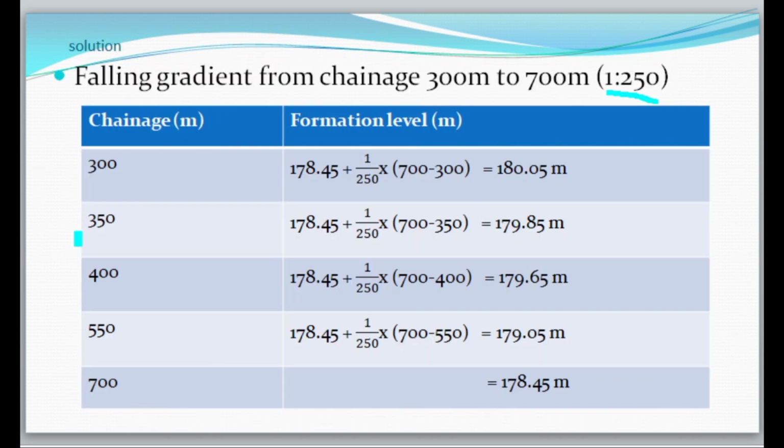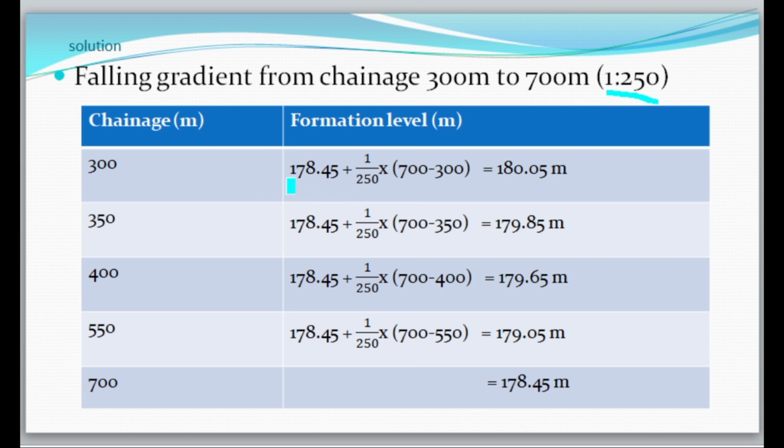I'm sure if you have gone through some videos on the setting out, this will be easy for you. Here we had the falling gradient, but I'm moving in reverse. That means I'll be adding because I'm moving from the lowest point to the highest. The gradient was falling as you move down, so I'm going to be doing the reverse.